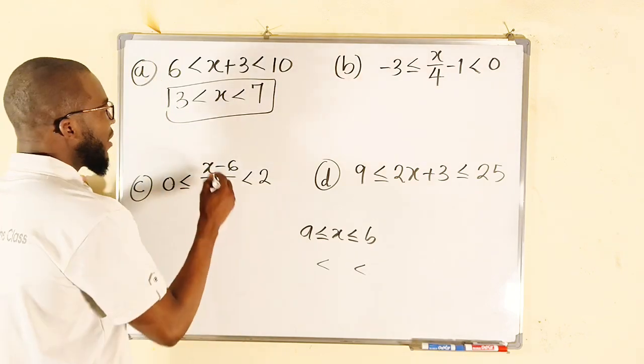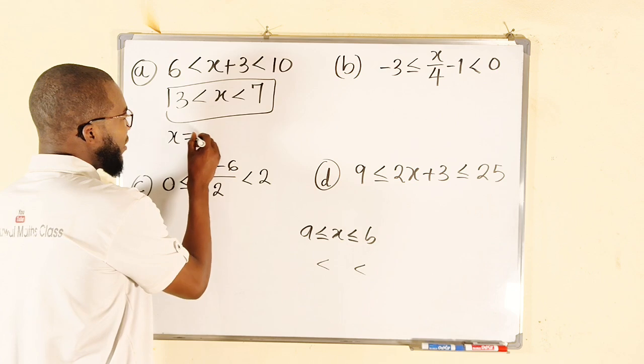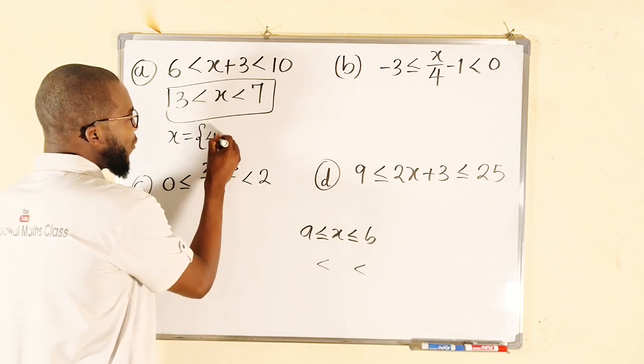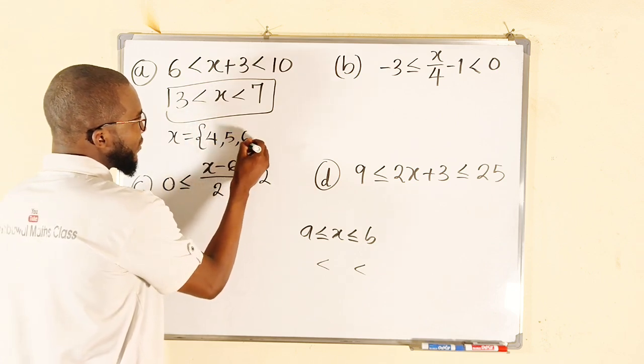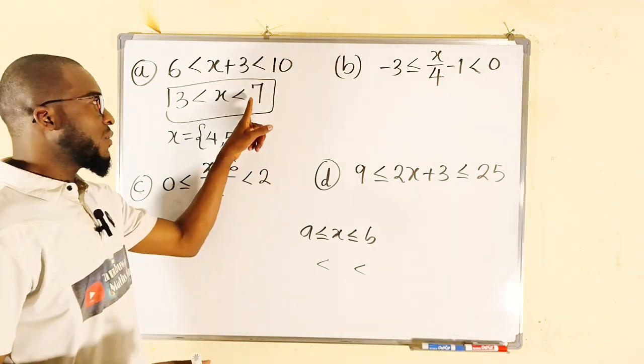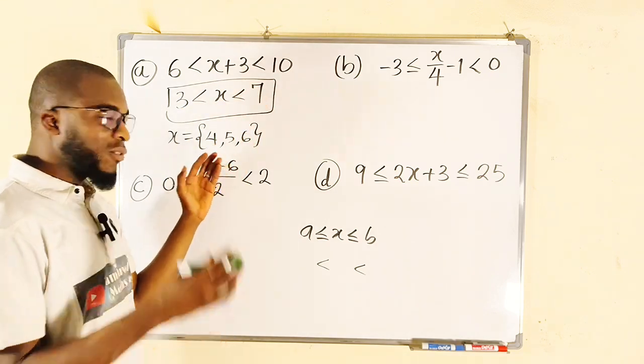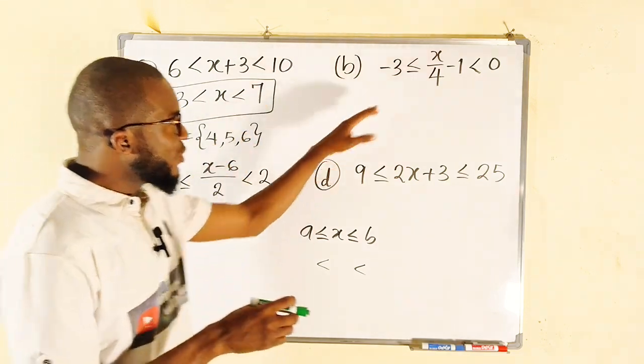If you want to write it in set notation, you can say that the set of x values are 4, 5, 6, just these 3 values, because you see, excluding 3 and 7, we have numbers in between them. Let's move to the other one.